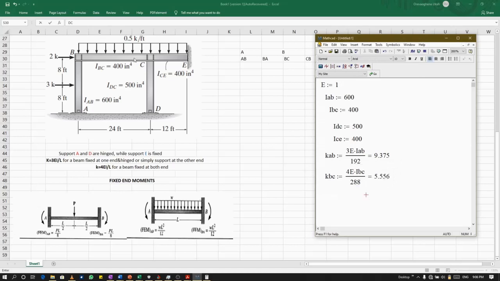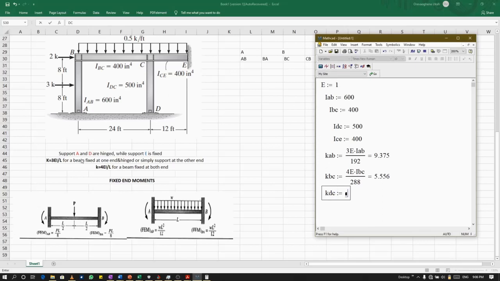All right, that's our stiffness factor for BC. So we're going to get our stiffness factor for KDC or CD, the same thing. We can see here we have a pin, and here is actually fixed.